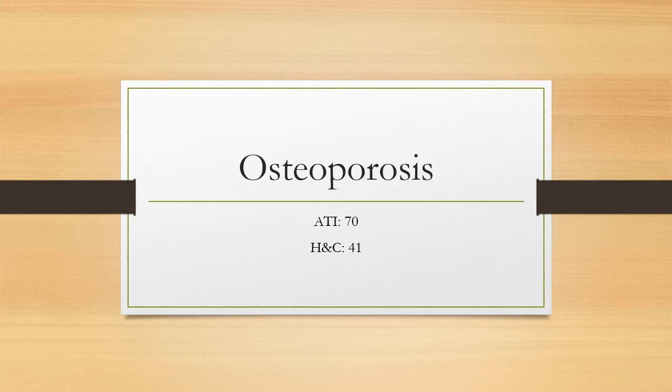Okay, so let's talk about osteoporosis, which really is thinning of bones and low density bones, right? So they just don't have as much calcium and phosphate in the bony structure anymore. Okay, and that results in a low bone density. So typically, our bone mass starts to decline in our 30s.